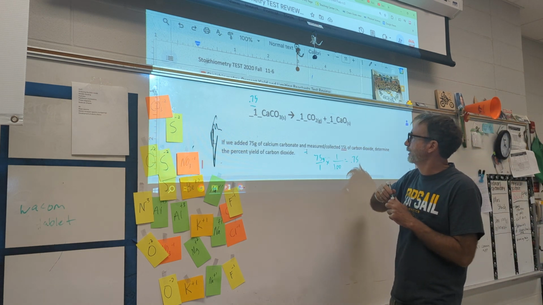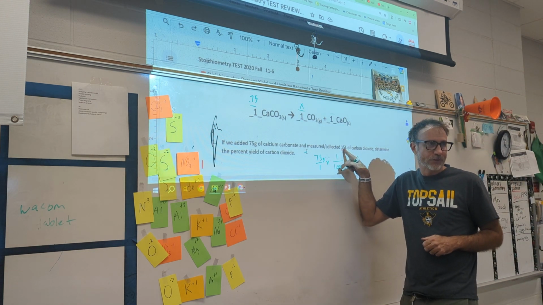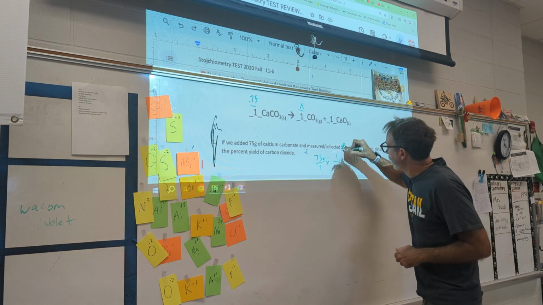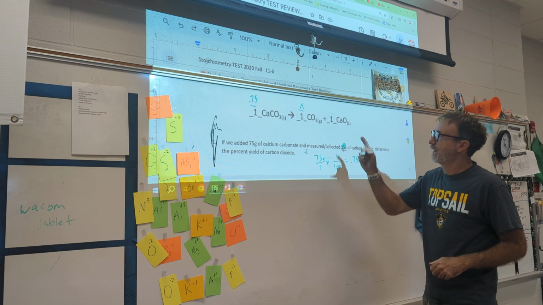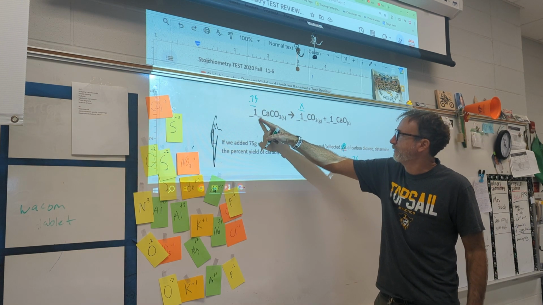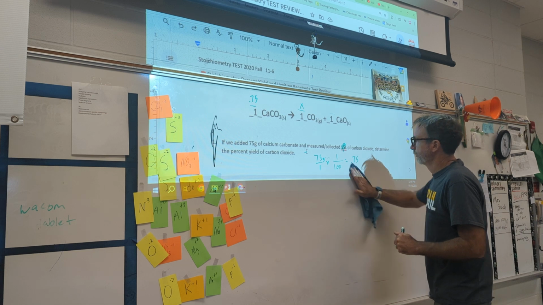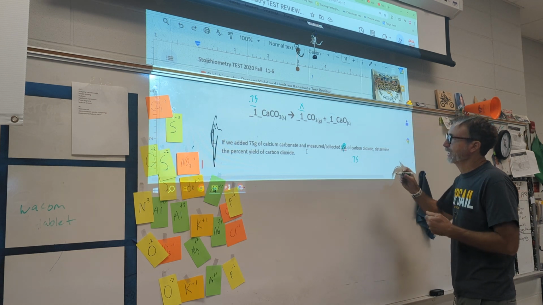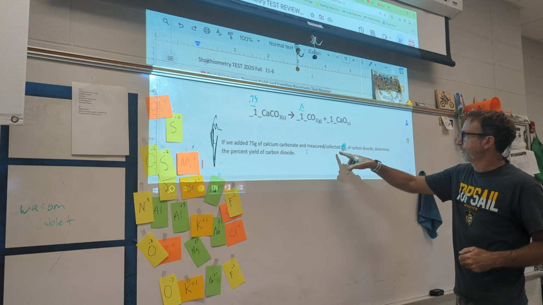Well, let's see how much we should have made of this before we use this number right here. See what I'm saying? I didn't even read that number. I just said, oh, carbon dioxide. How much should we make? 0.75 is to 1 is 0.75 is to 1. So we should have made 75% of liters.